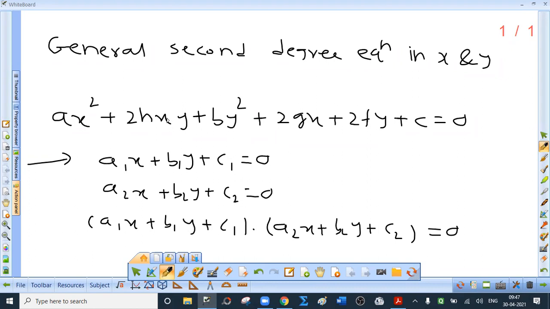Same logic: x square plus y square equal to 0 or x square plus y square equal to minus 11. This is a general second degree equation in x and y. Does this represent a pair of lines? No, it doesn't. Is that clear? So what is the criterion? In fact, there are two criteria. What are the criteria for this equation to represent a pair of lines?